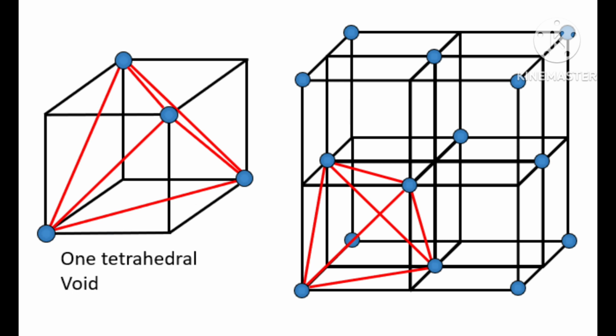Now let us take CCP or FCC structure and locate these voids in it.